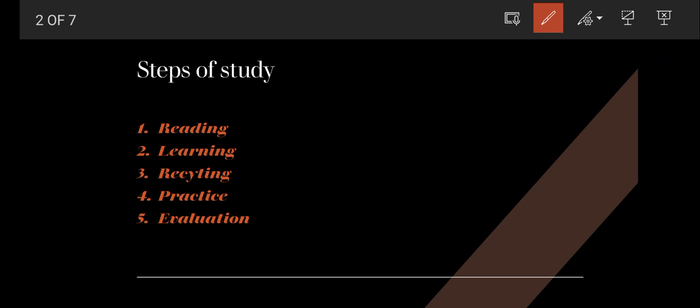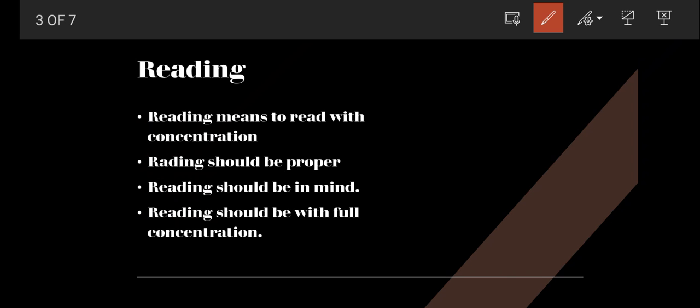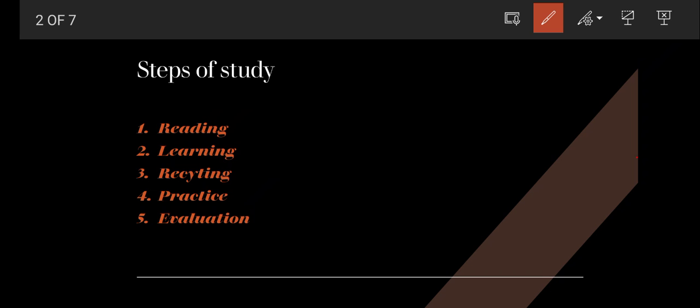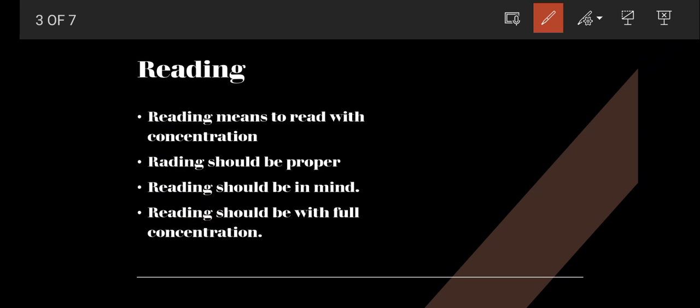So let's see the next slide. First of all, the first point is reading. One by one we will explain every point. Here, reading. Students, you read the language notebooks, books, then also SST, science or English, whatever.